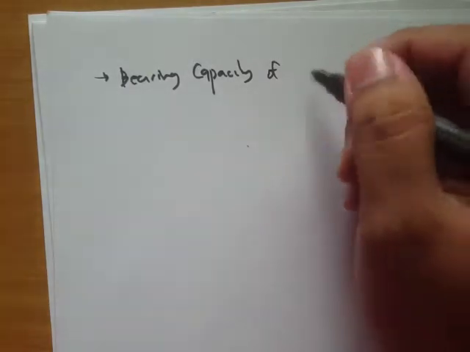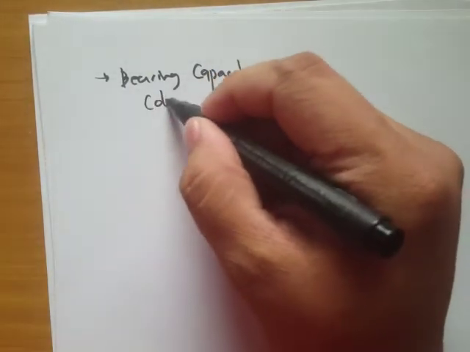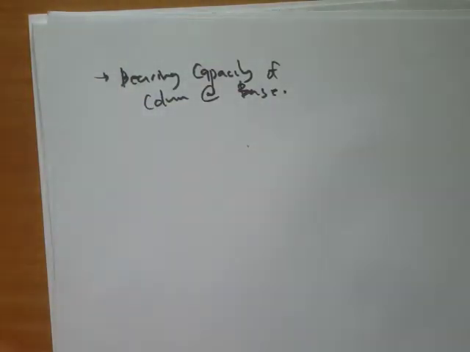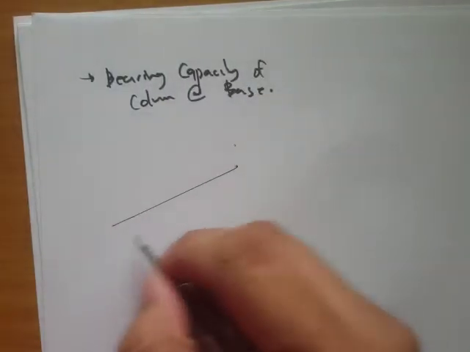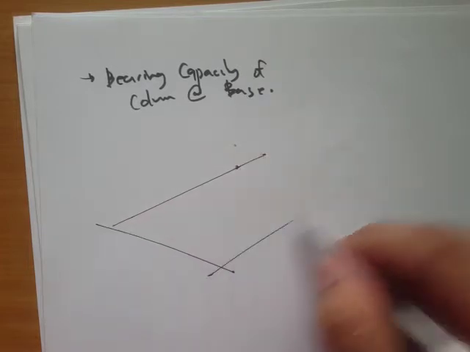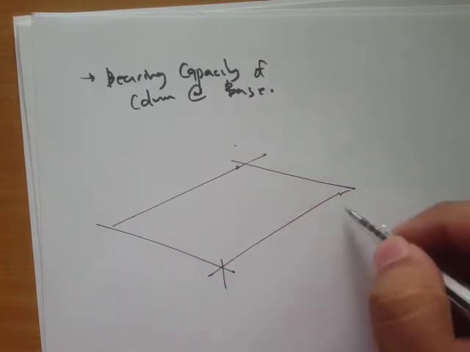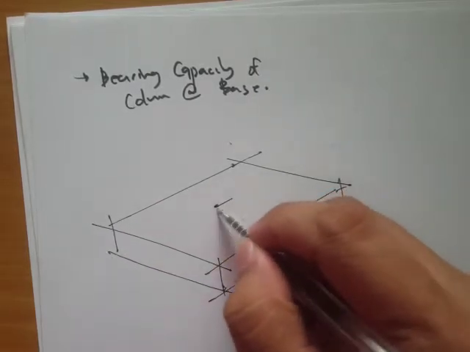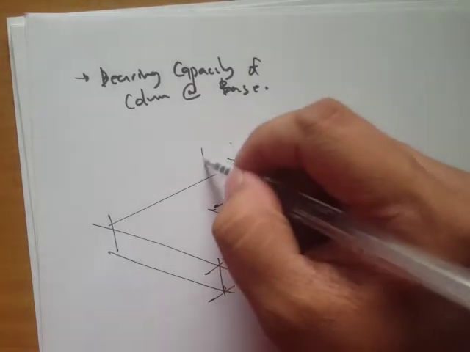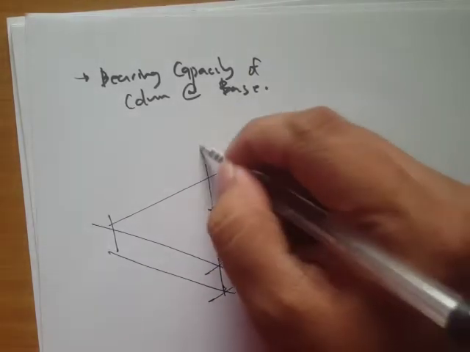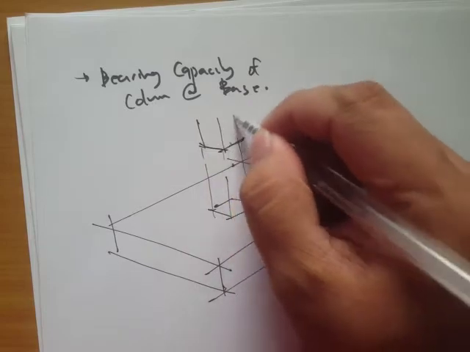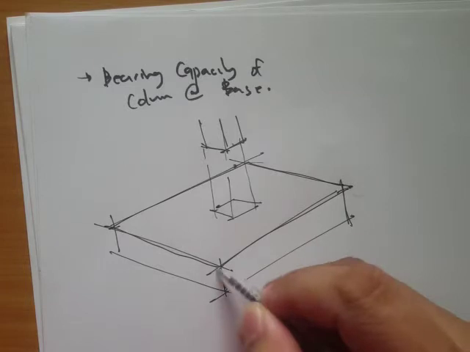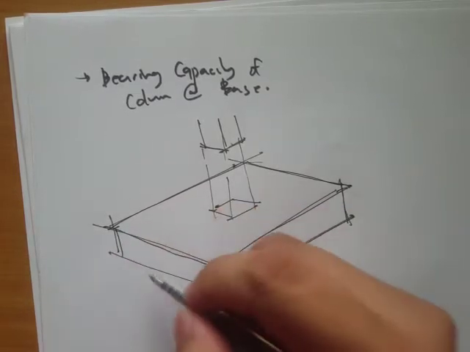That's the bearing capacity of the column at the base. For example, this is our footing, and I'll draw it purposely in this rectangular shape, like in an exploded view.